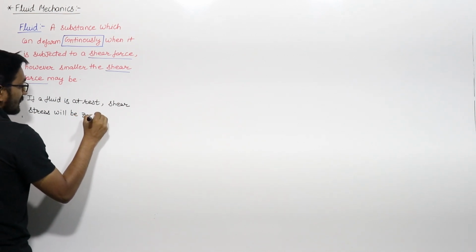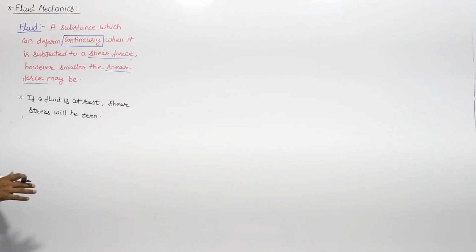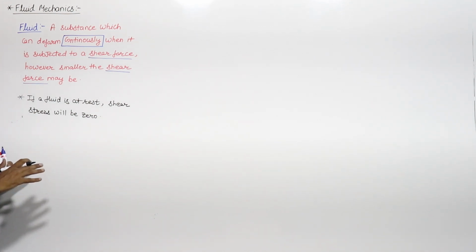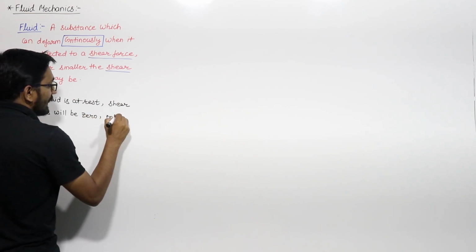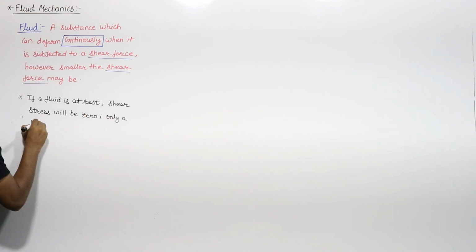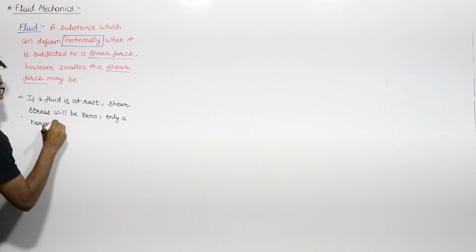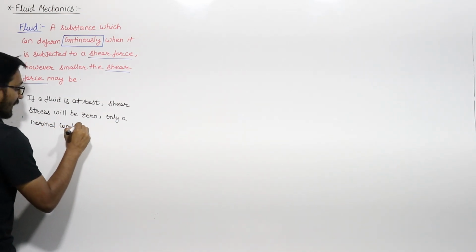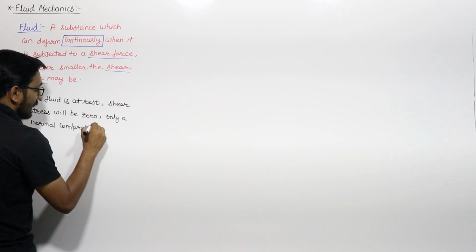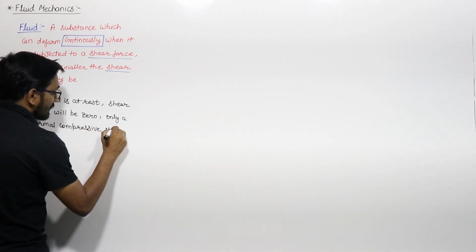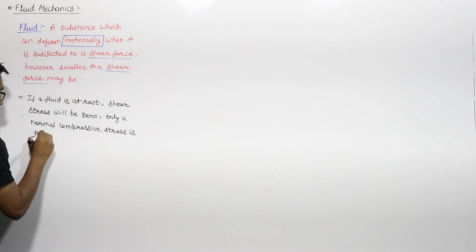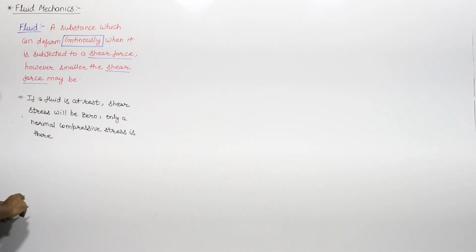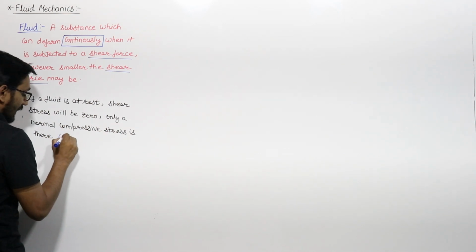Because if shear stress is there, then fluid will flow, fluid will move. If the fluid is at rest, that means shear stress is 0, and in that case only a normal compressive stress is acting. Only a normal compressive stress is there, and this normal compressive stress is known as pressure.